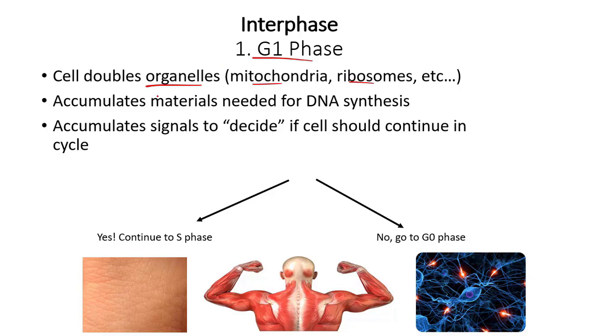And then the cell needs to accumulate material needed to make DNA. And finally, the cell needs to decide, should it divide or should it not? If it's a skin cell or a red blood cell, probably yes. If it's a neuron, neurons can't divide. You're born with all the nerve cells you'll ever have. So neurons don't pass the G1 phase.